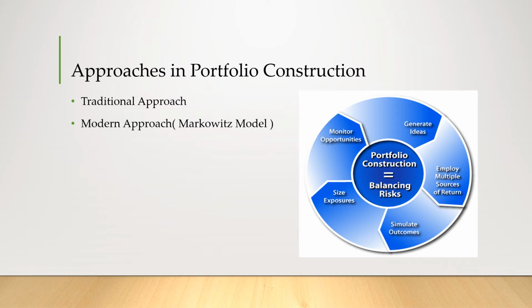That is, the modern portfolio is constructed to maximize the expected return for a given level of risk. So even if the risk is zero, the return will be minimum. That means based on the given level of risk, the expected return can be maximized. So this is about modern approach.